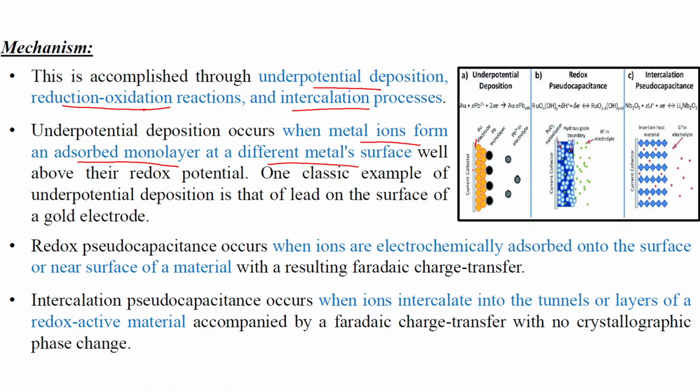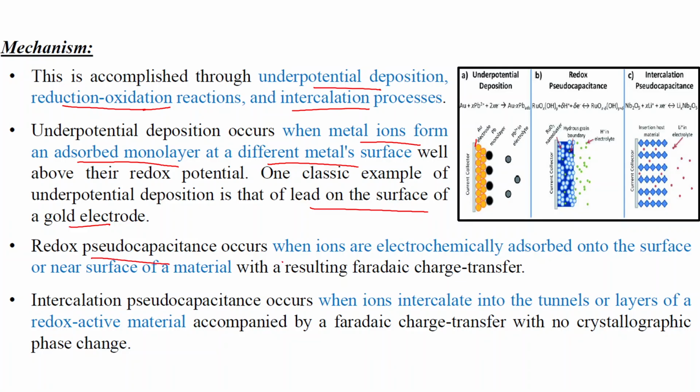Then a lead monolayer is deposited over the gold electrode. And then this lead takes part in the reduction and oxidation reaction. Okay. One classic example of underpotential deposition is lead on the surface of a gold electrode.